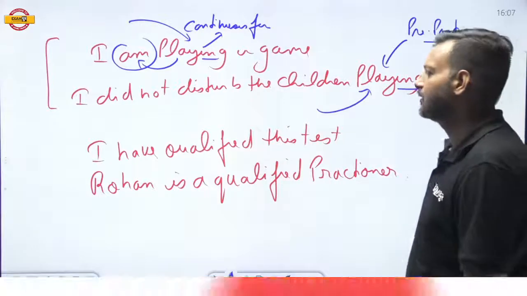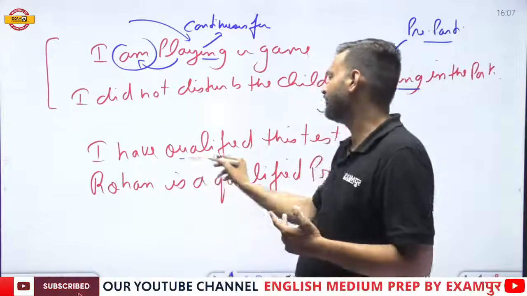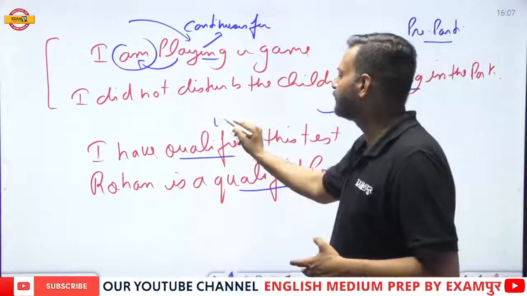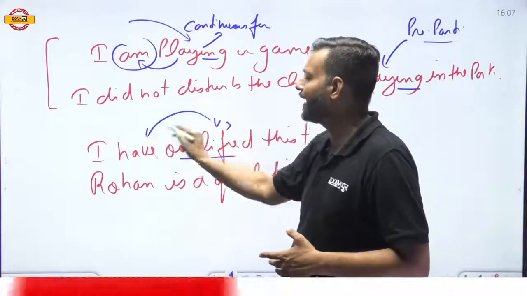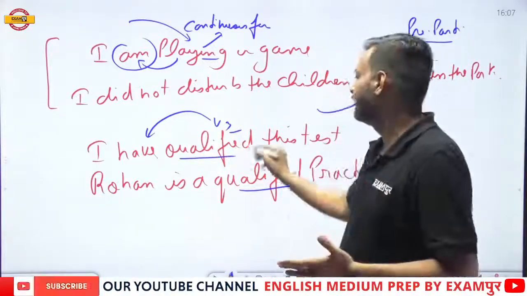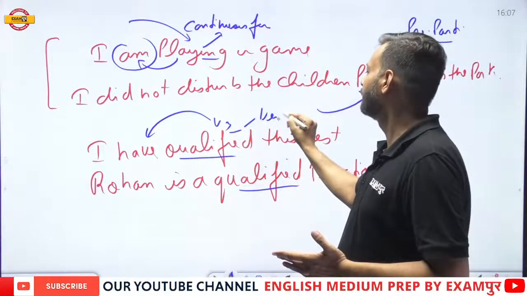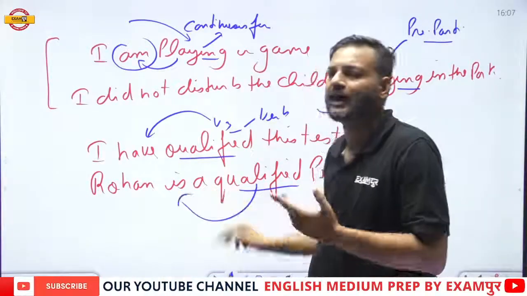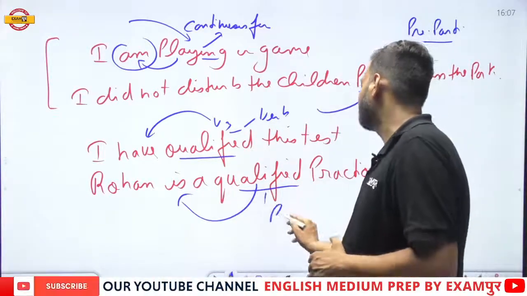Same is the case with past participle. Here we have qualified and qualified. When third form of verb is used with have, this is a verb. But when third form of verb is used without have, this is a past participle.